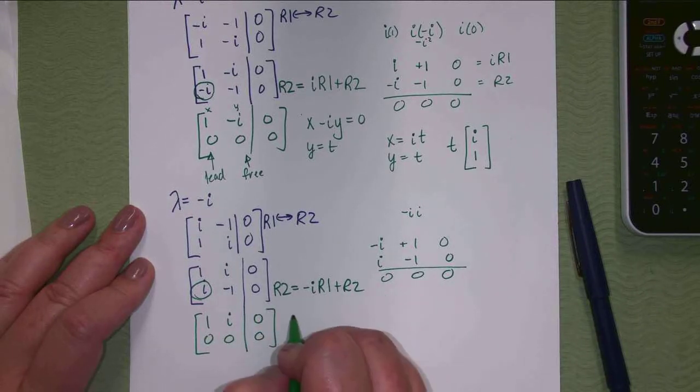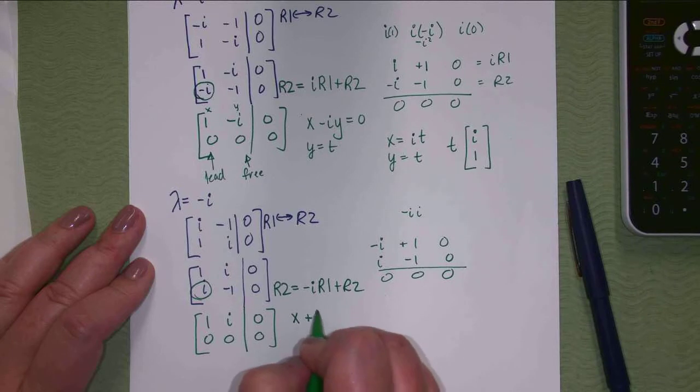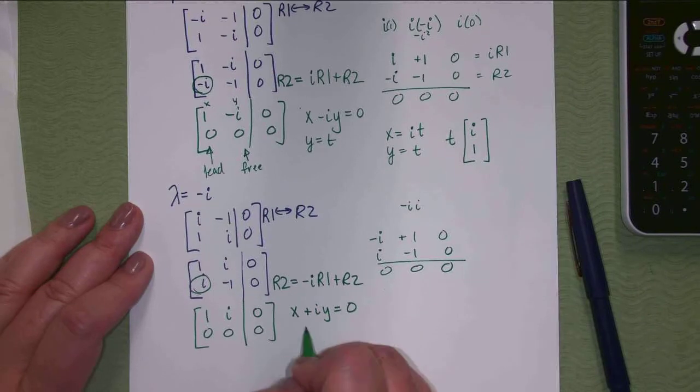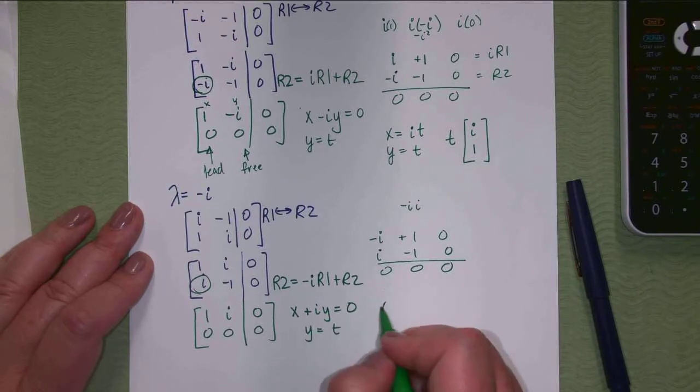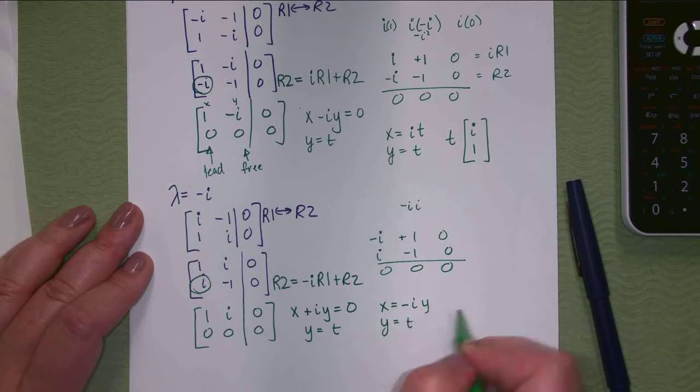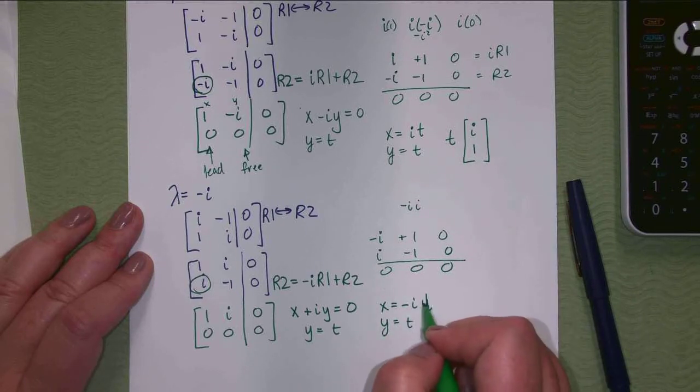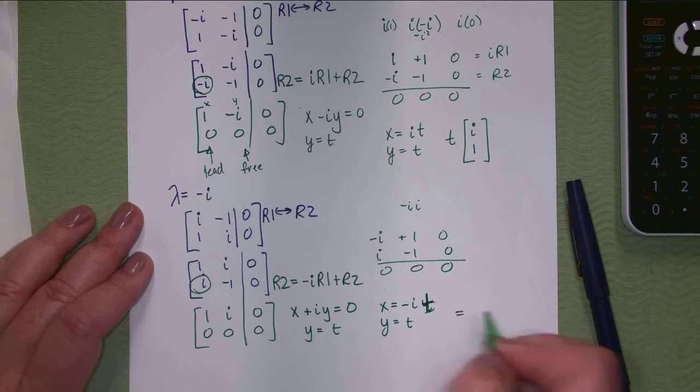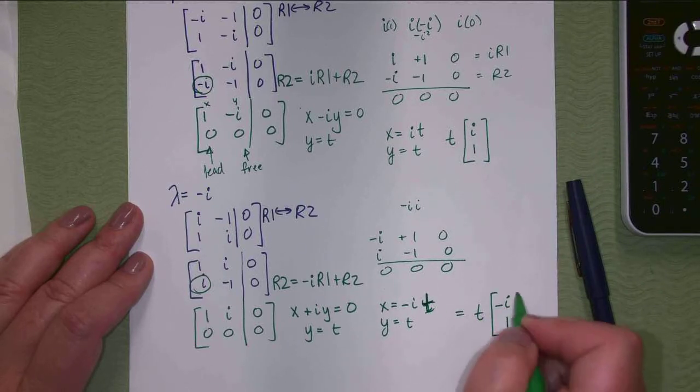So this would be x plus iy equals 0. So x equals minus iy, or minus it, if you want. So factor out the t, minus i, 1.